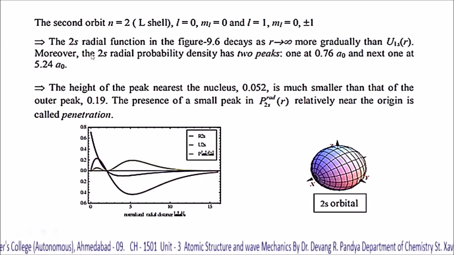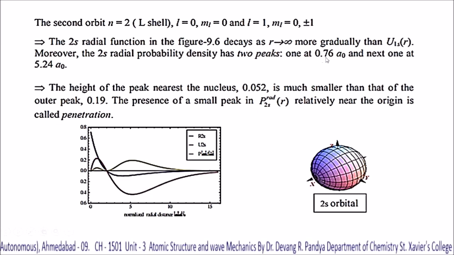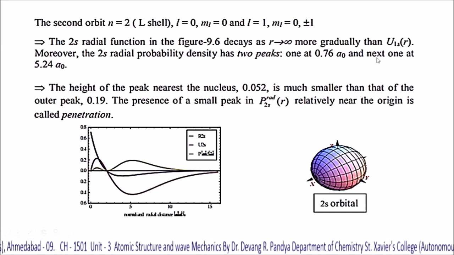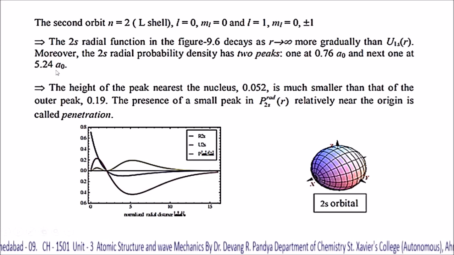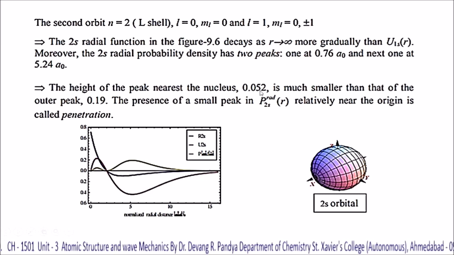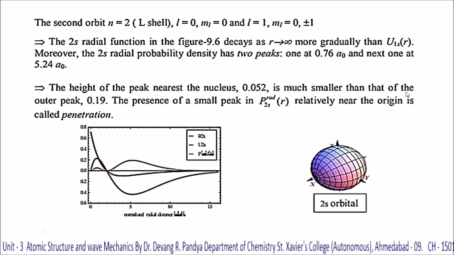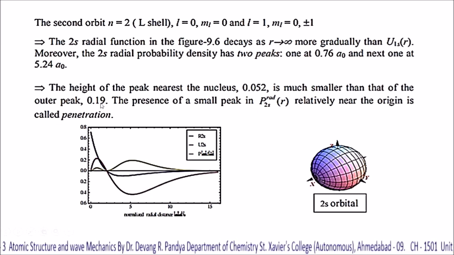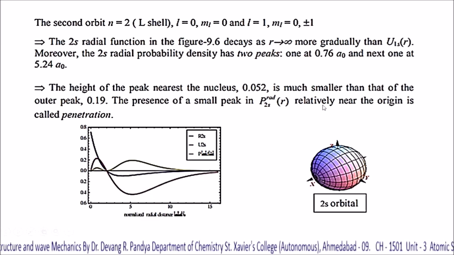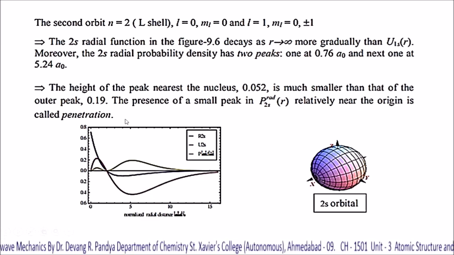Moreover, the 2s radial probability density has two peaks, at 0.76 a0 and the next one at 5.42 a0. The height of the peak nearest to the nucleus, that is 0.052, is much smaller than that of the outer peak, that is 0.19. The presence of a small peak relatively near the origin is called penetration.